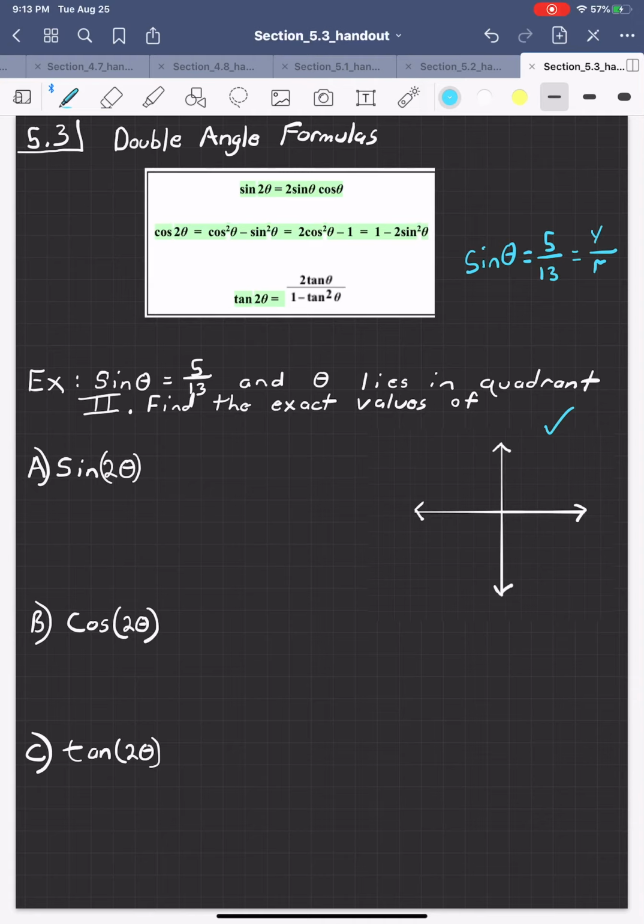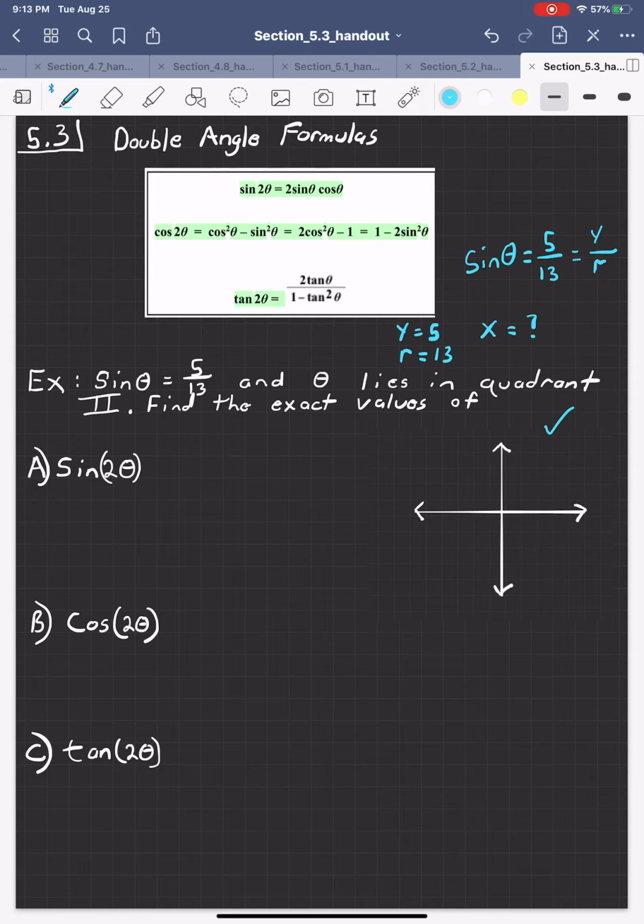So let's actually go ahead and figure out the x value of this point. Right now we know that y is equal to 5, and we know that r is equal to 13. What we don't know is x. That's what we're going to find out right now. But that's not bad. We can do that fairly easy.